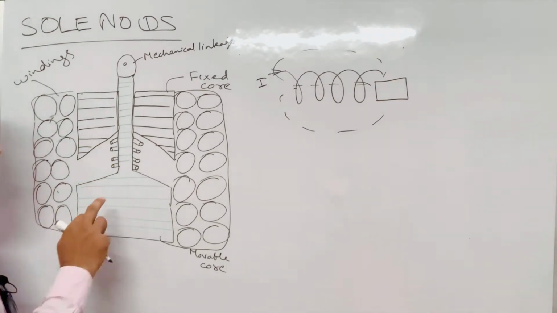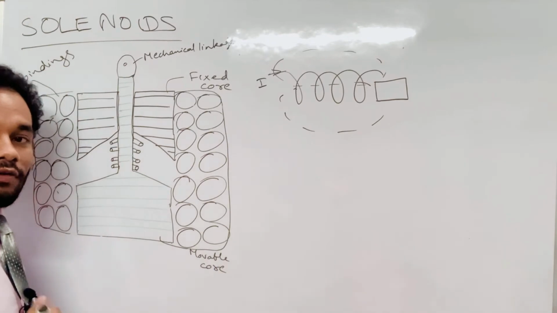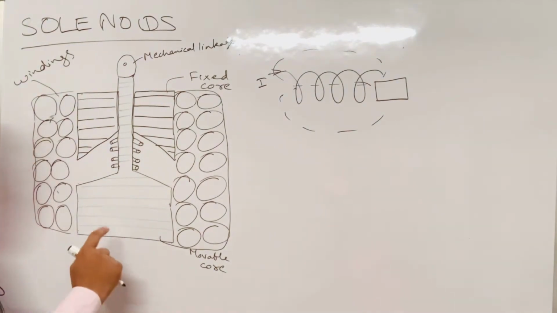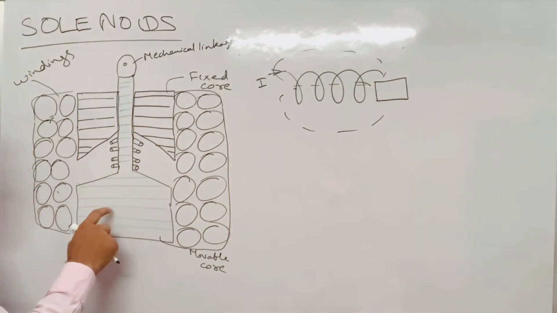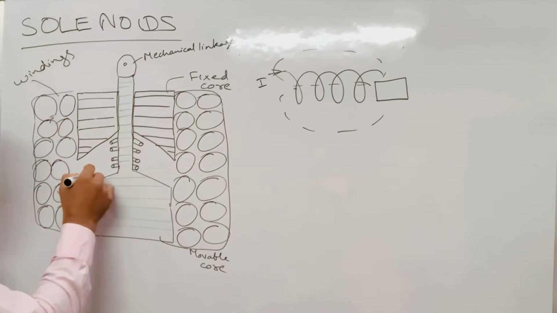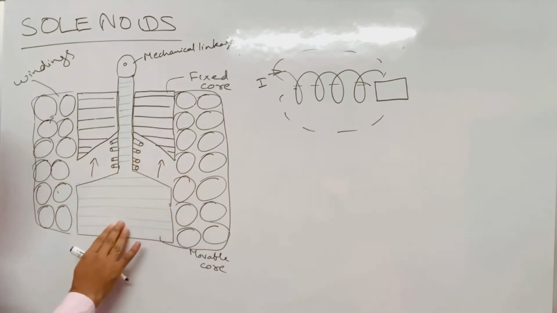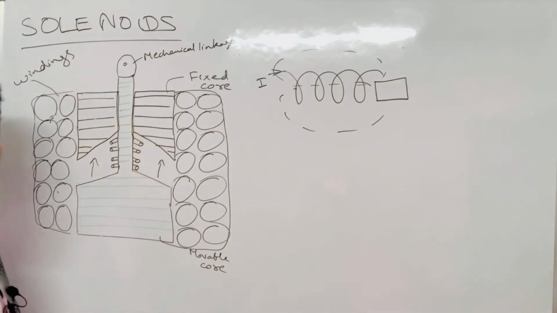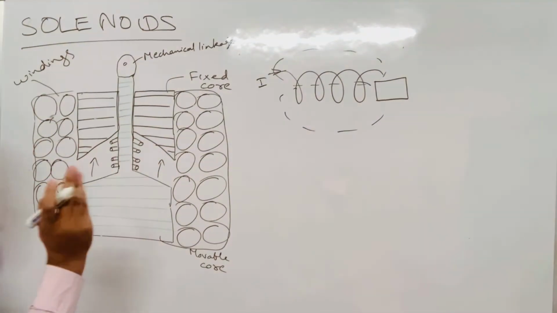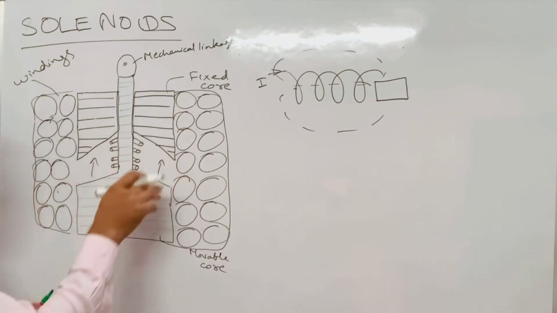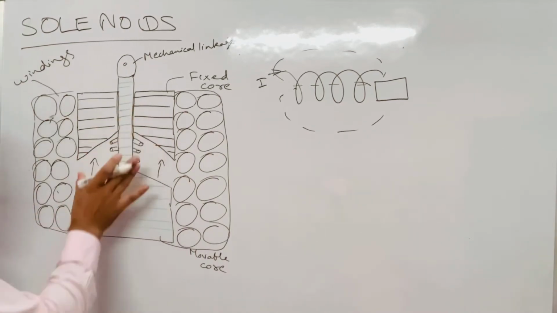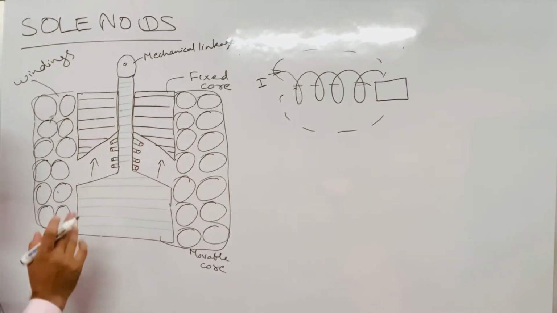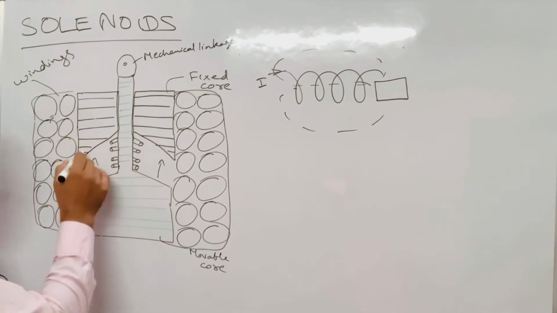Note, friends, these cores can be made of soft iron or steel. When the cores get magnetized, the movable core will be pulled upwards, that means it will be attracted by the fixed core. Why? Because when electrical supply is given to the coil, the magnetic field magnetizes the fixed core and movable core in such a way that both of them have different polarities.